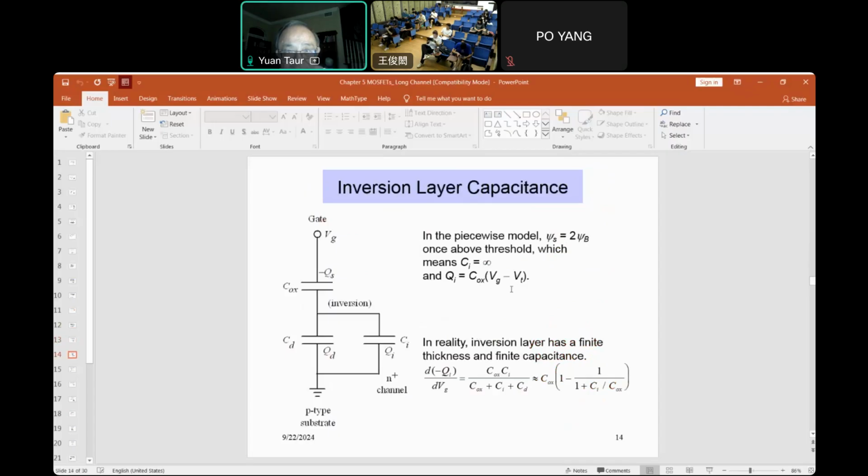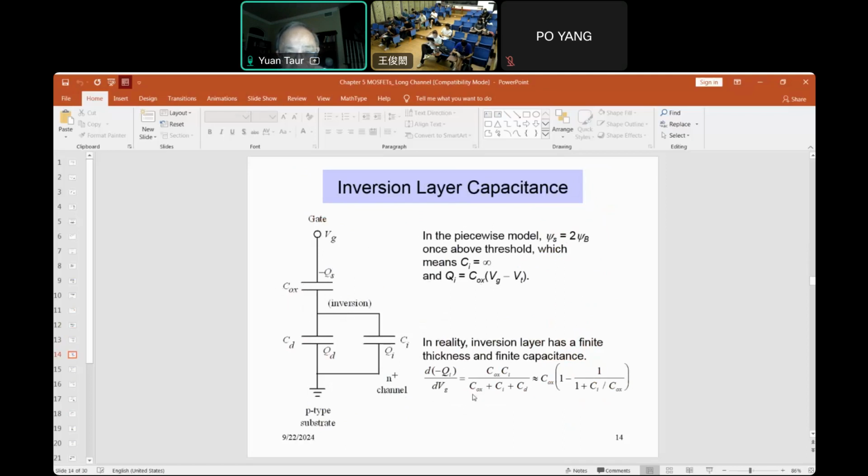Inversion layer capacitance, okay, that's what I sort of explained. Going back to the capacitance model, you have CD and CI and Cox here. If you assume CI is infinite, then the inversion charge is simply VGS minus VT times Cox, only Cox.